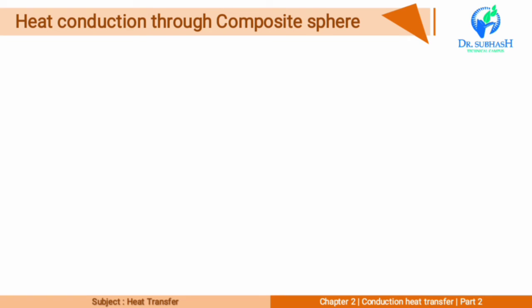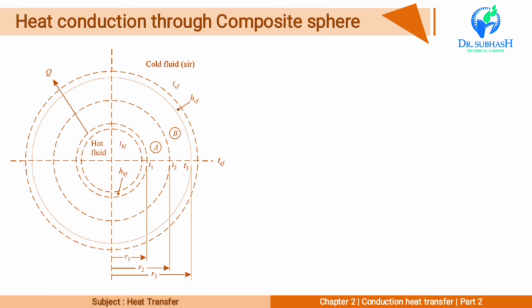In the last portion of this chapter, we derive the heat conduction equation through a composite sphere. The figure shows the composite sphere made up of two materials A and B. For the composite material, h_hf and T_hf are the convective heat transfer coefficient and temperature of hot fluid.